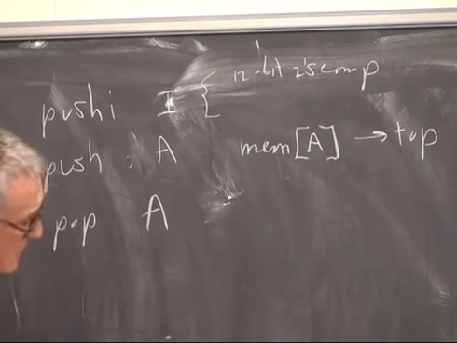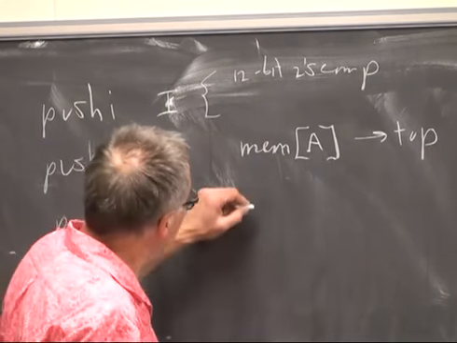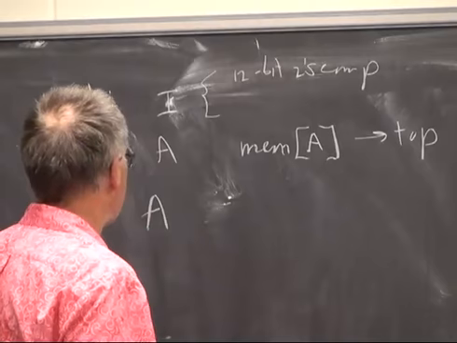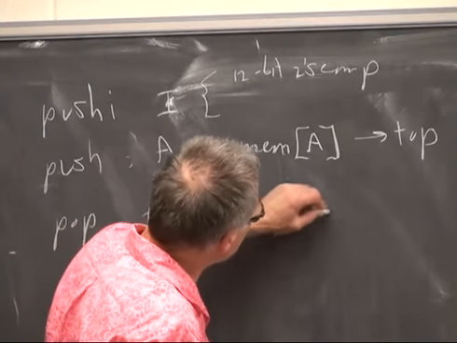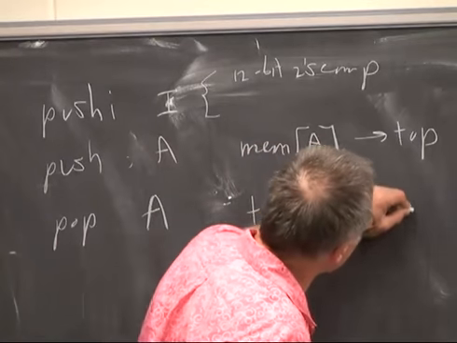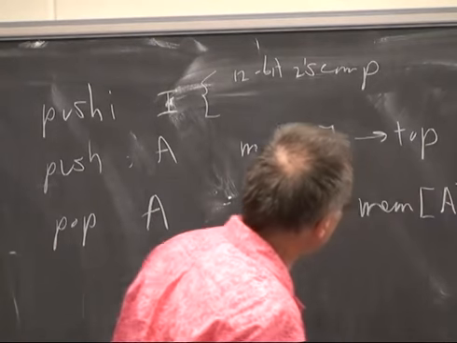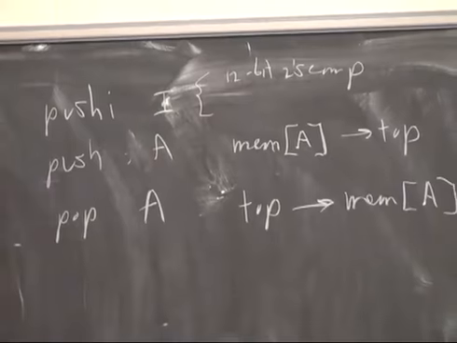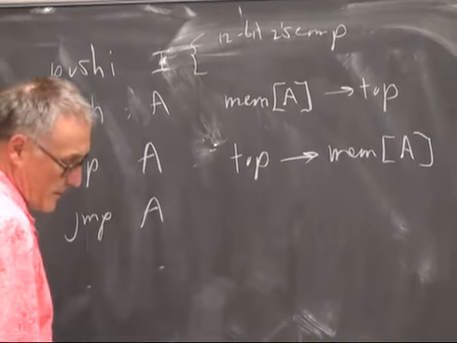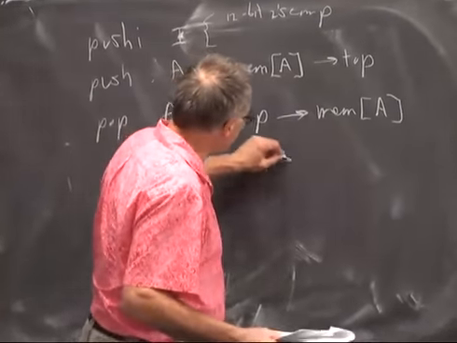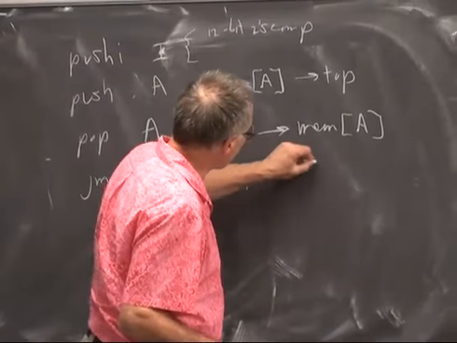Pop A takes the value of top and moves it to mem of address A. Jump A puts the value of A into the program counter.